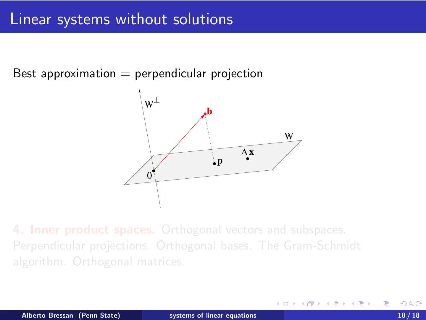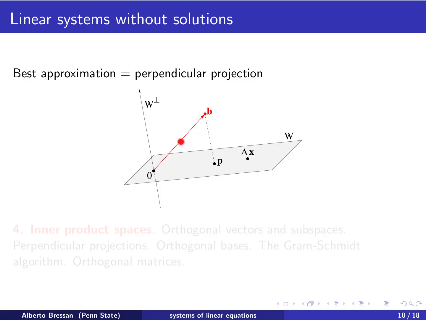And there we will use the concept of perpendicular projection. So in a graphic sense, we can look at this picture and see that, let's say, this vector b is my solution. But I am looking for the solution in this subdomain of 3D, which we can consider to be a plane.